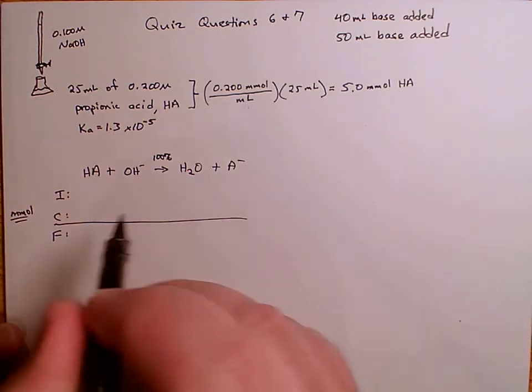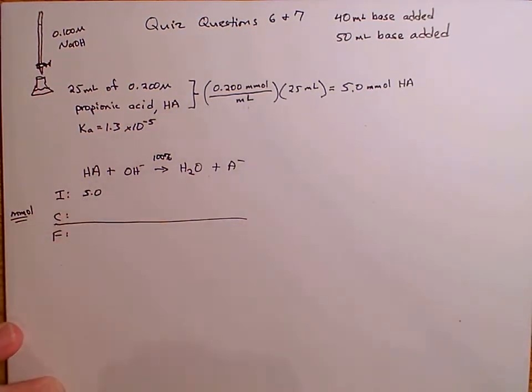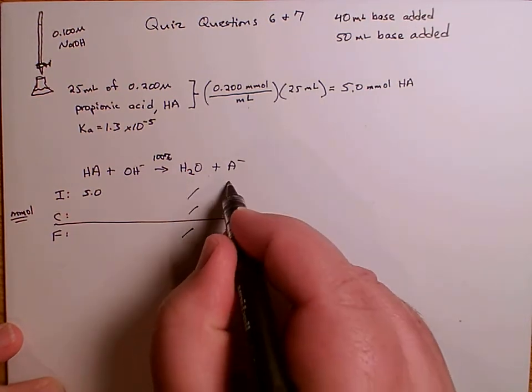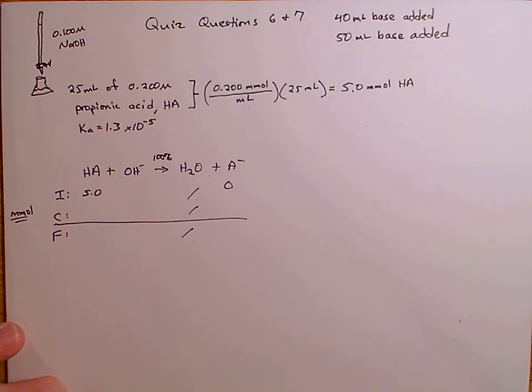So I know that I've got 5.0 millimoles of HA to begin with. I'm not worried about water, and I don't have any A minus to begin with. And so how many millimoles of OH minus do we start with?